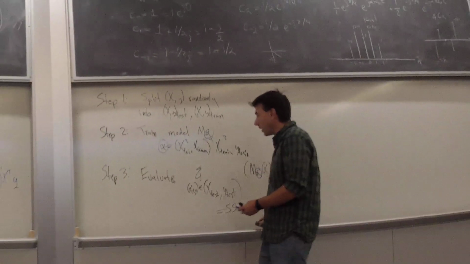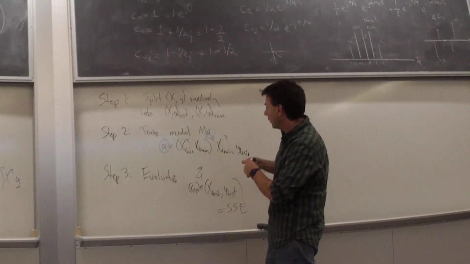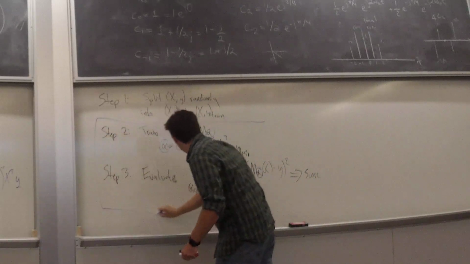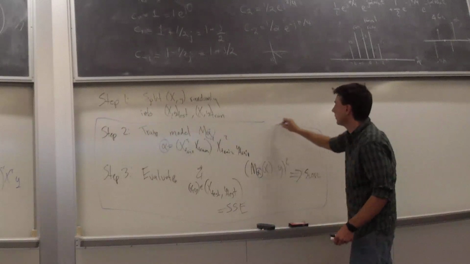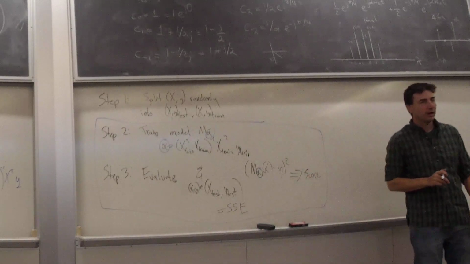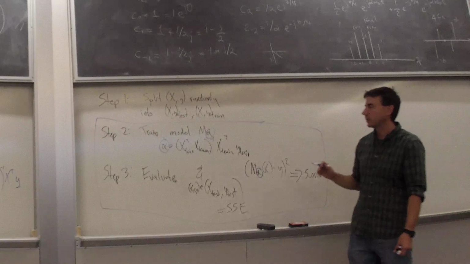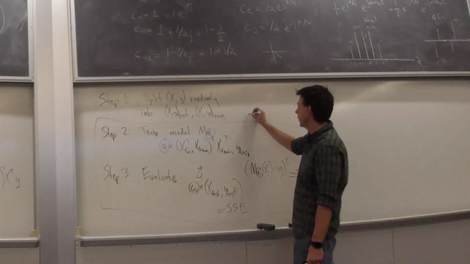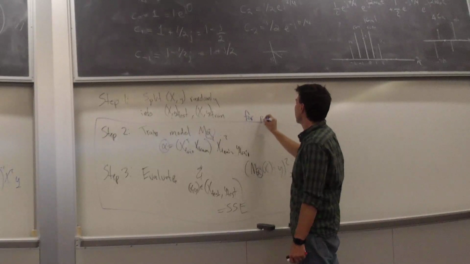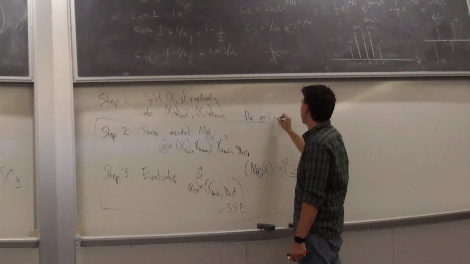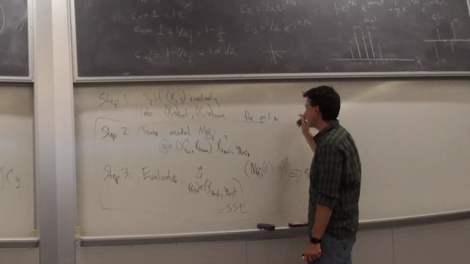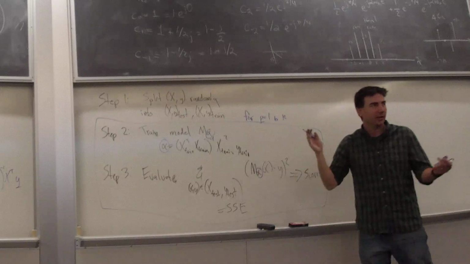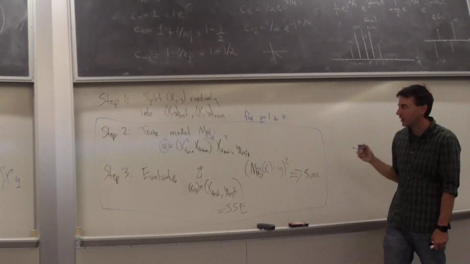Basically, what I want to do is take steps 2 and 3 and put them inside a for loop, for p equals 1 to let's say k. You can pick something bigger than you think.